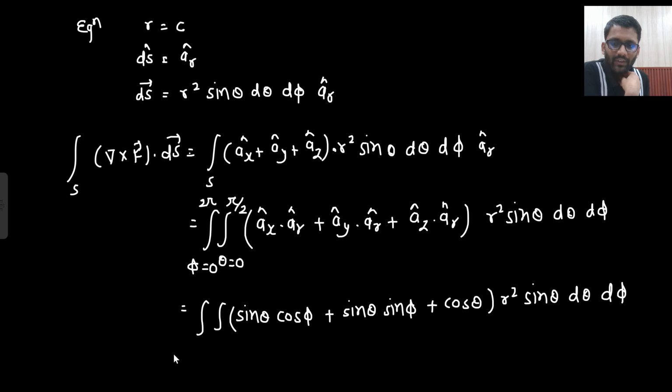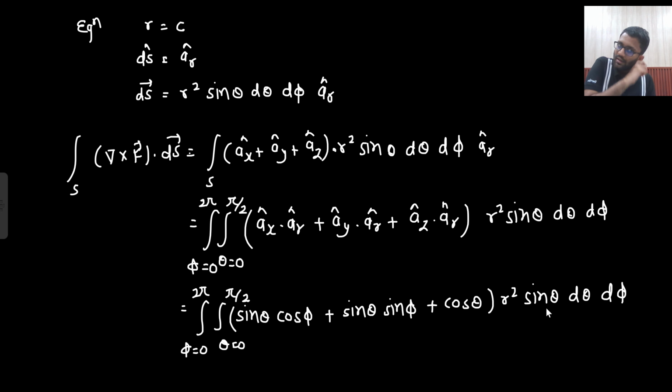I guess only the final one will come in action, because here phi is from 0 to 2 pi and theta is from 0 to pi by 2. So sin theta cos phi, sin square theta cos phi r square d theta d phi. So what is the first term you are getting? R square sin square theta cos phi d phi.